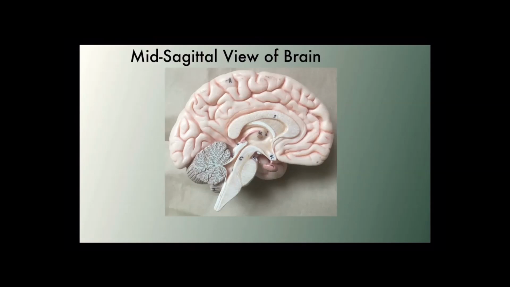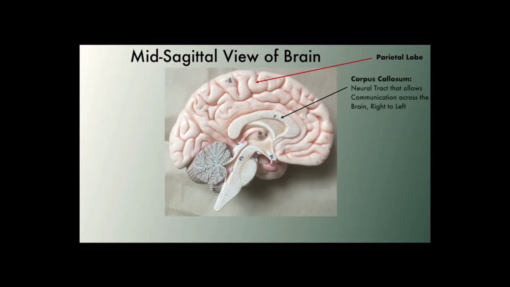Here is a mid-sagittal view of the brain. Let's identify some of these landmarks. What do we call this? That's right, parietal lobe. I was kind of fishing for that answer. Parietal lobe. How about here? That's right.